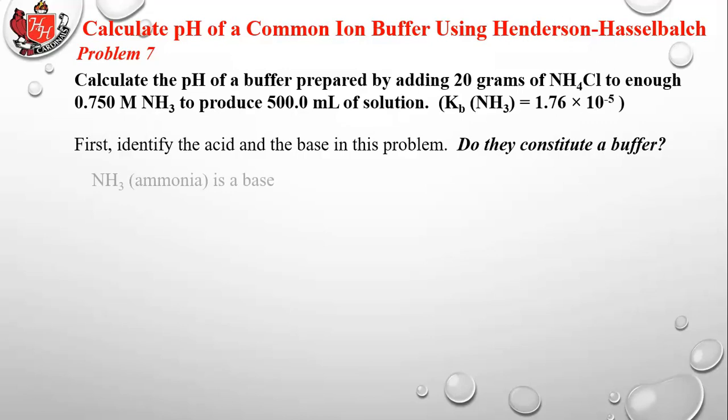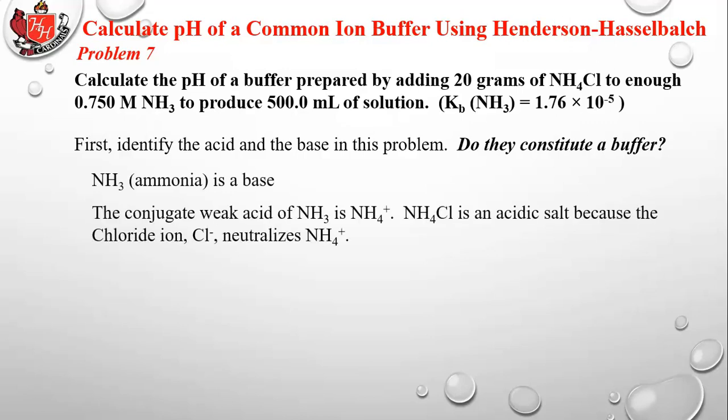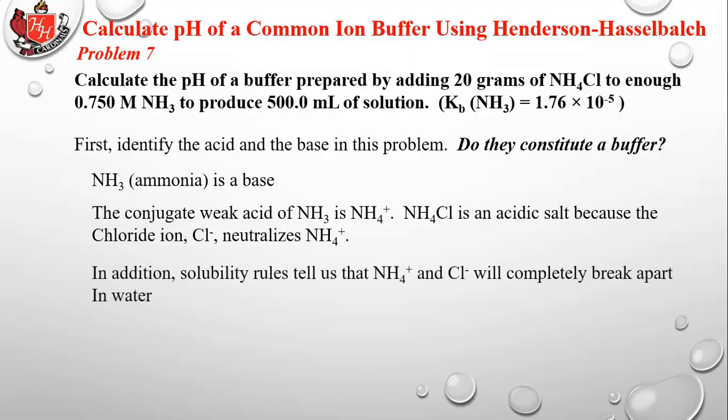So here we go. Ammonia, NH3, is a base. The conjugate weak acid of NH3 is NH4+. NH4Cl, ammonium chloride, is an acidic salt because the chloride ion, Cl-, is a spectator that does not neutralize the NH4+. In addition, solubility rules tell us that NH4+ and Cl- will completely break apart in water.